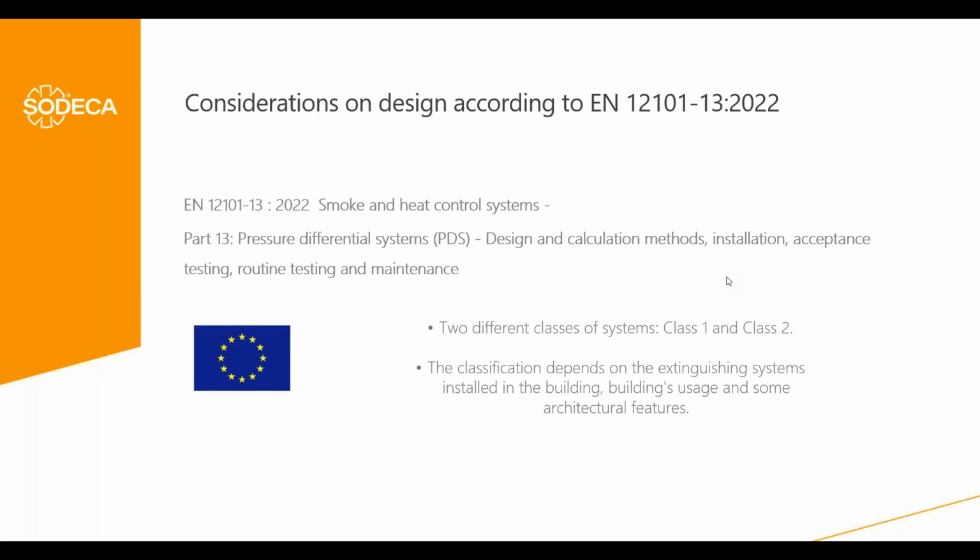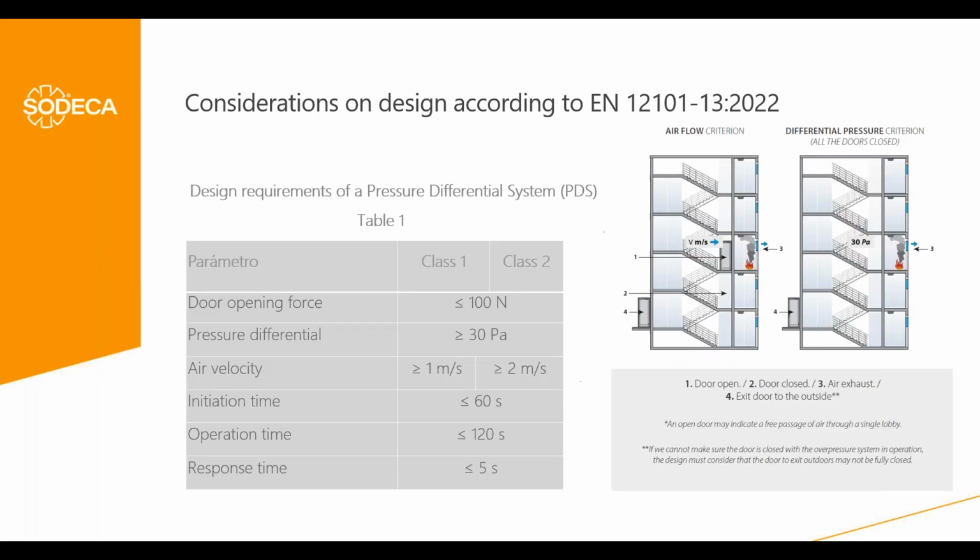Okay, and the standard also corrects some points that we saw as mistakes or unclear points in Part 6. In addition, it has a better definition of the requirements of the specific components of a pressure differential system, related to the requirements of other standards, etc. So it's more robust than the old Part 6.